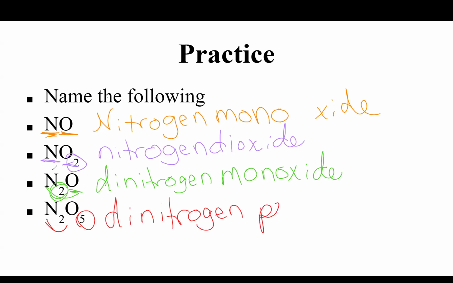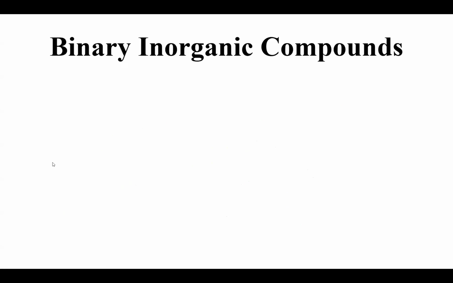It's penta. And oxide. So we don't say pentaoxide. We don't leave it at that. So what do you do? You drop the first vowel. So it's pentoxide. Dinitrogen pentoxide. If you have questions, let me know.